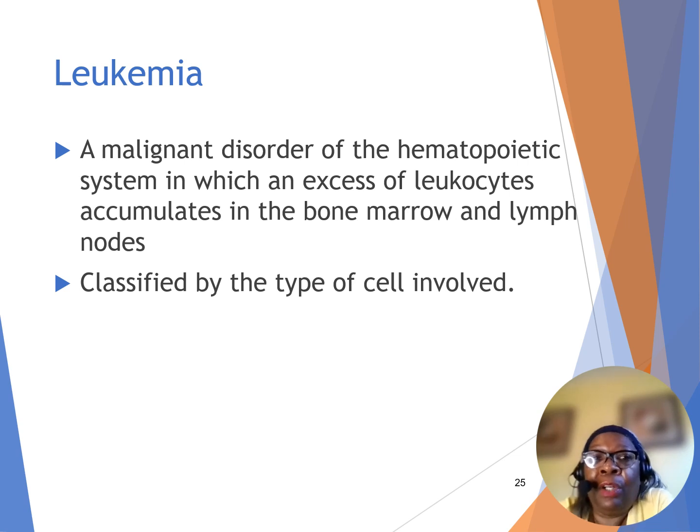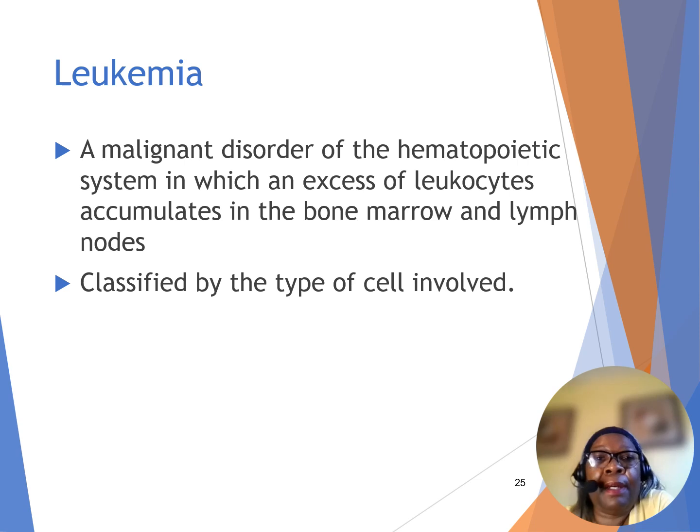Now we know that the white cells are a large part of our immune system. In leukemia, these white cells are immature. So it's a malignant disorder of the hematopoietic system in which an excess of leukocytes accumulates in the bone marrow and lymph nodes. And it's classified by the type of cell involved.